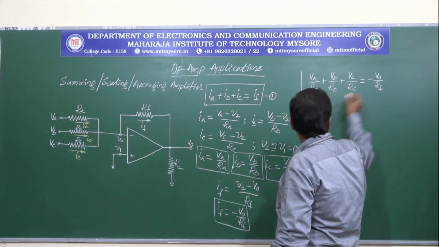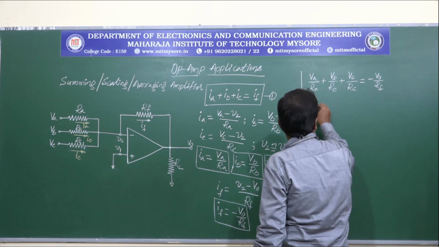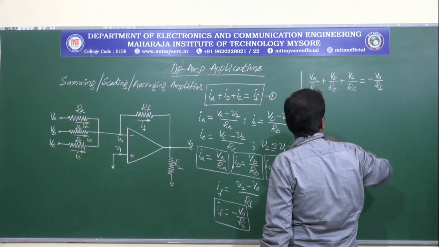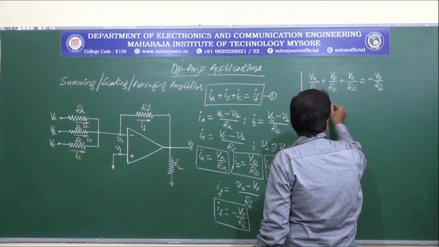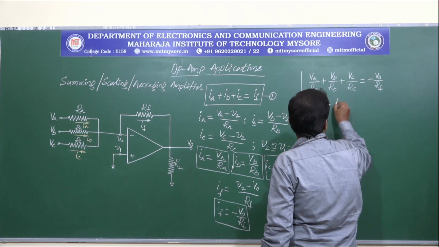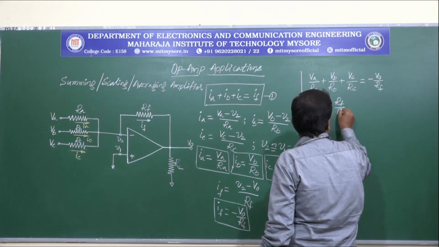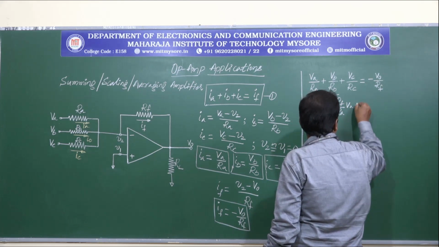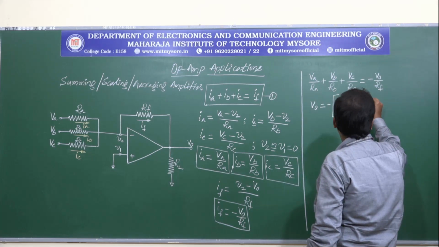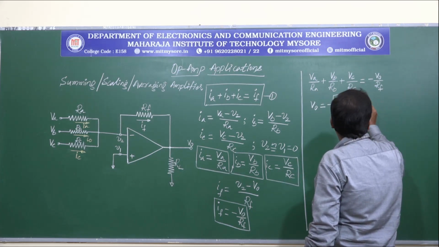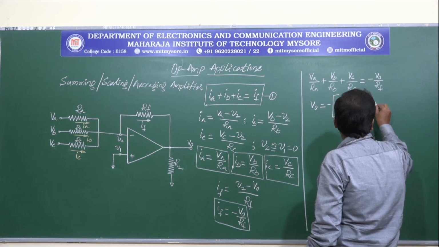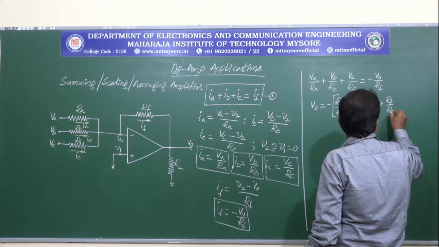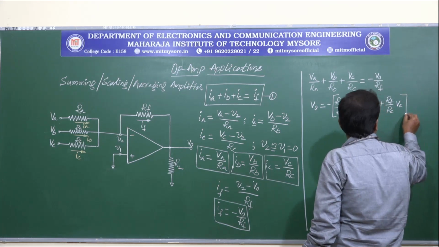So now the equation for V0 can be written as, transferring this minus sign to the opposite end and also RF as well, minus RF by RA into VA plus RF by RB into VB plus RF by RC into VC.